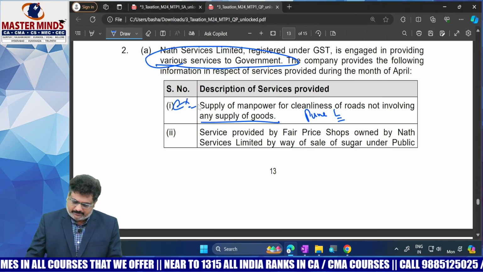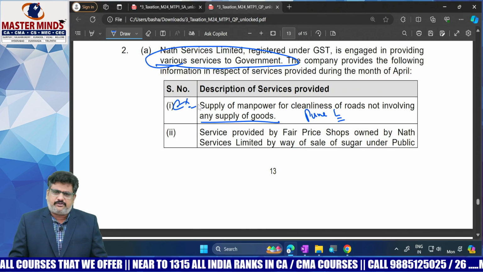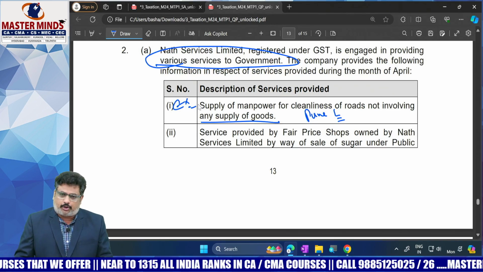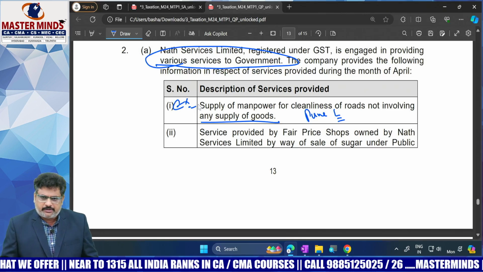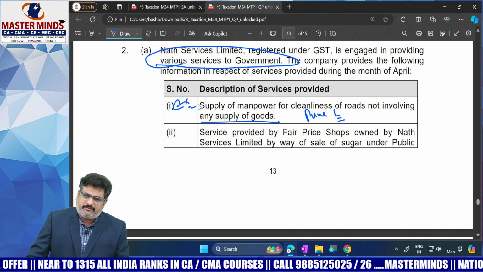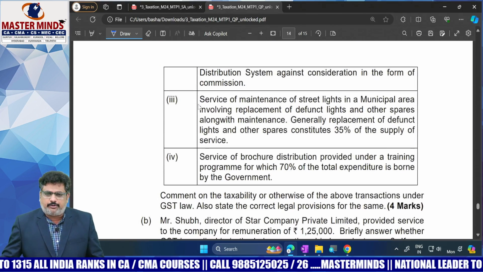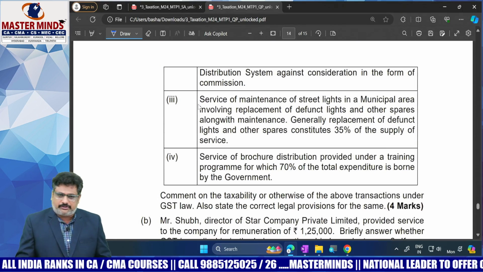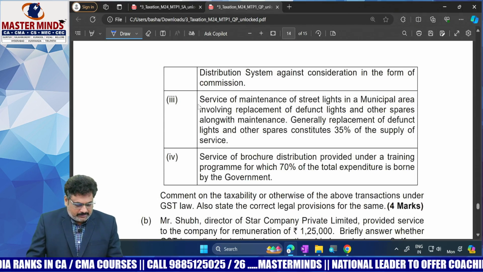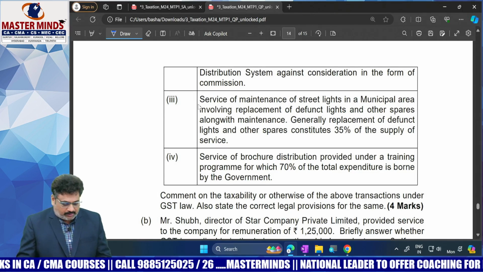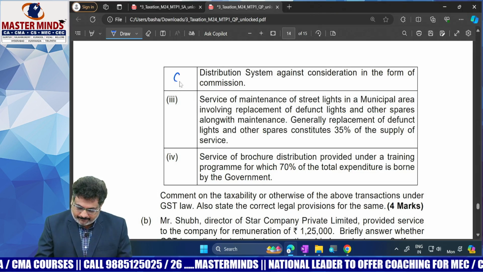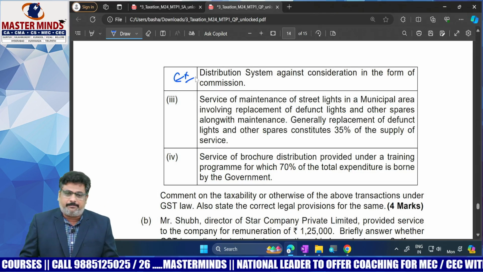Next one, services provided by fair price shops, that is ration shops, owned by North Services Limited by way of sale of sugar under PDS, the public distribution system, against consideration in the form of commission. I think this ration shop is also exempt. That means the exemptions chapter is the main focus here.